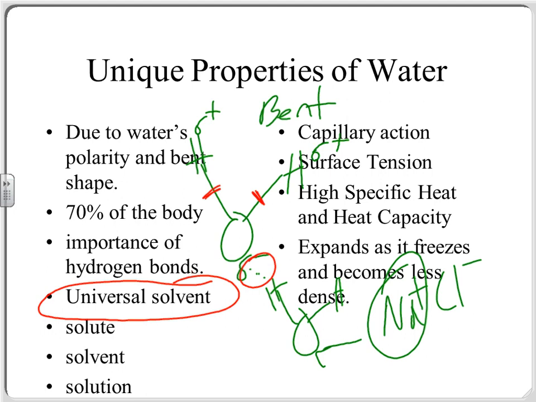What's negative oxygen going to do to positive sodium? Attract it. What's positive hydrogen going to do to negative chloride? Attract it. And eventually, so many waters are going to surround this sodium chloride that they're going to do what? Pull it apart. And when it gets pulled apart, what just happened to that piece of salt? It just dissolved. So water is a really good solvent. It's best at dissolving polar things and salts.